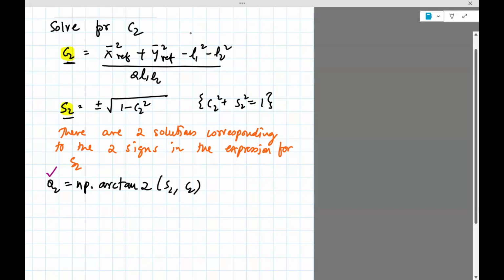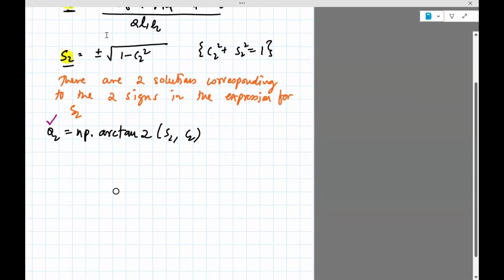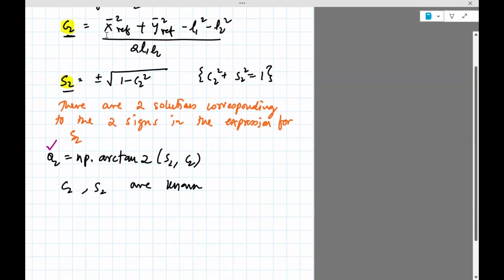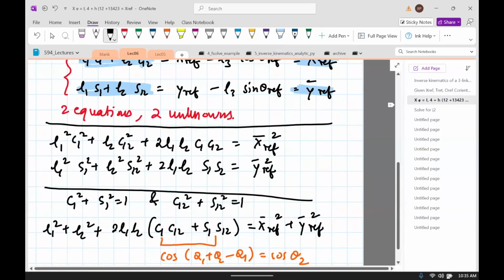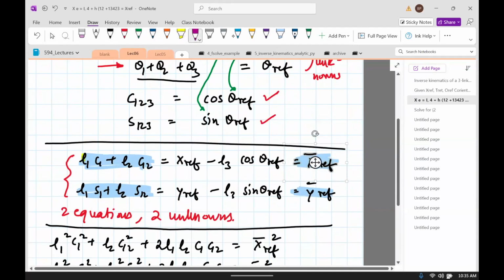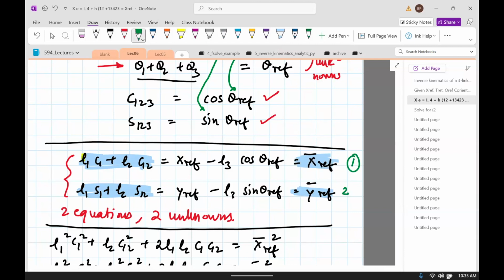We still have to compute theta 1 and theta 3. Since we know what theta 2 is from that expression, C2 and S2 are known. Once you know C2 and S2, you can rewrite these equations. Let me call them 1 and 2.